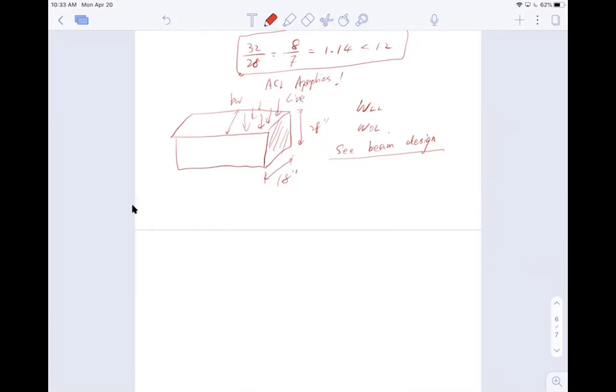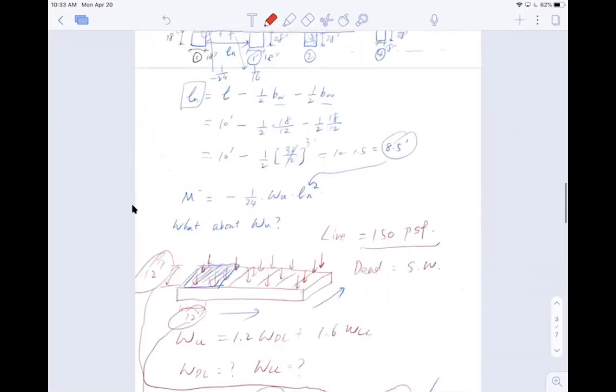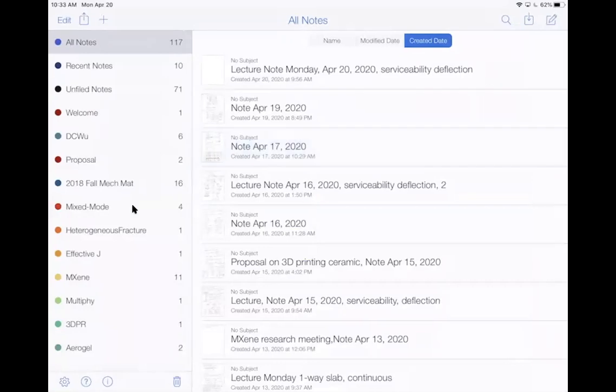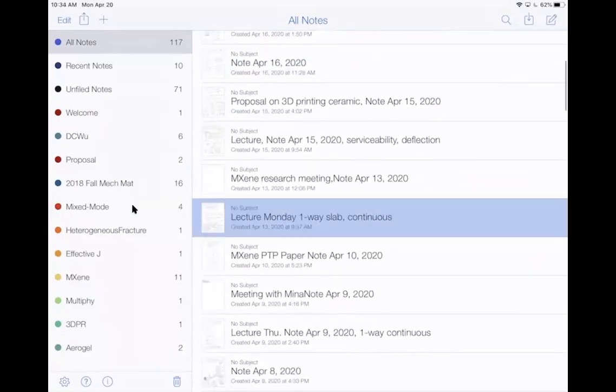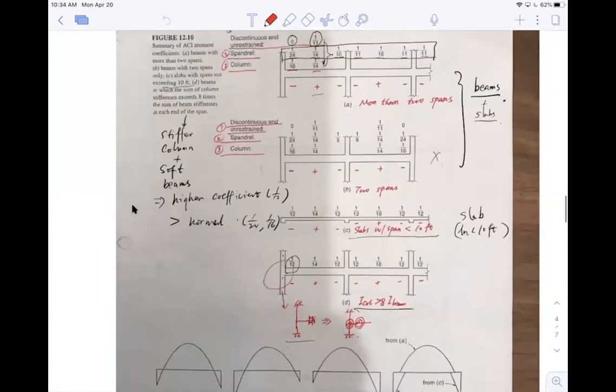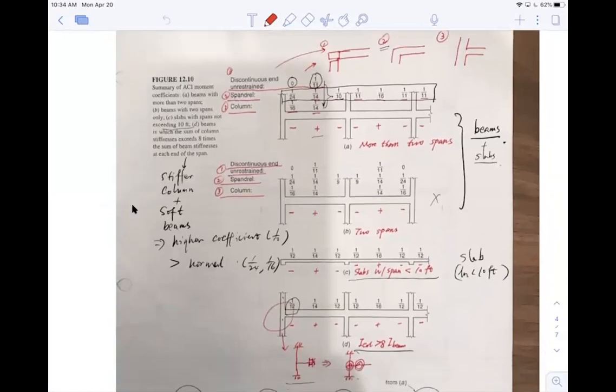All right, so that's the difference there. And then I've got one more question about the moment coefficients. In the handout that you gave us in one of the previous lectures, for the inside supports on the left and right, you had different coefficients.